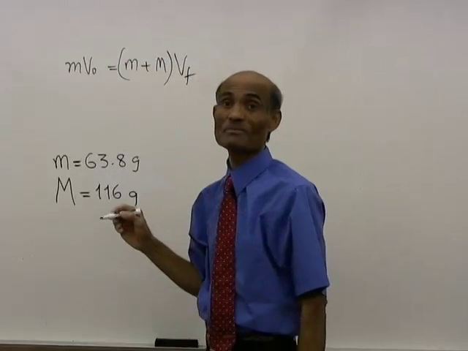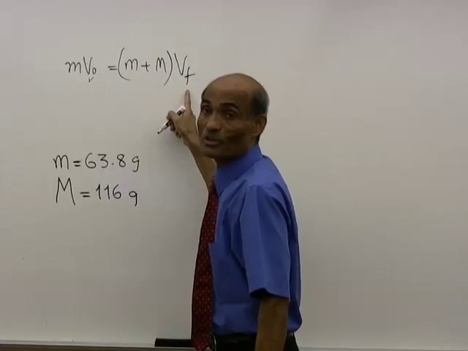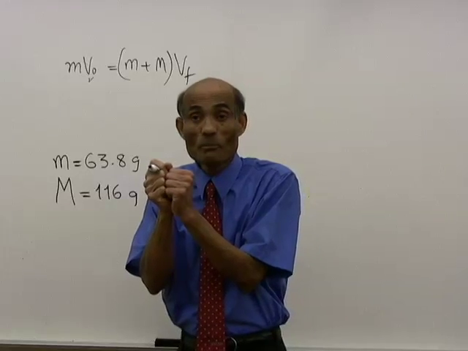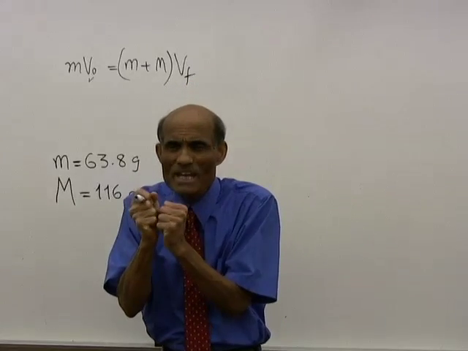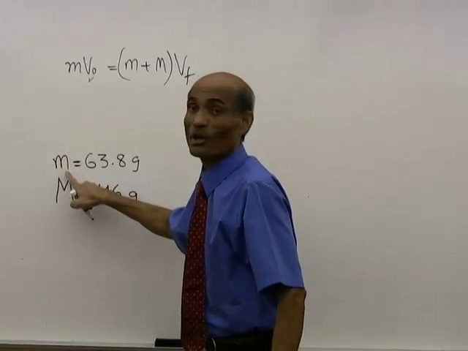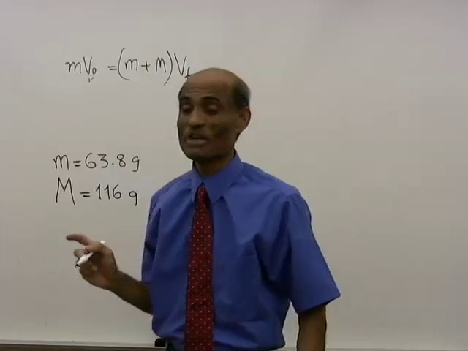That is the momentum equation. So using the value of v0, you can calculate vf. That is the velocity of the pendulum ball system immediately at the instant of collision. You know your m, you know your big M, and calculate your vf.